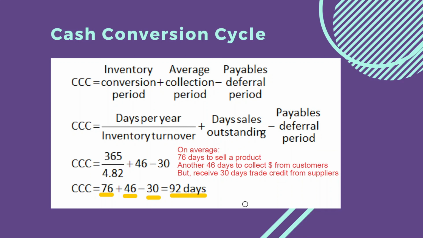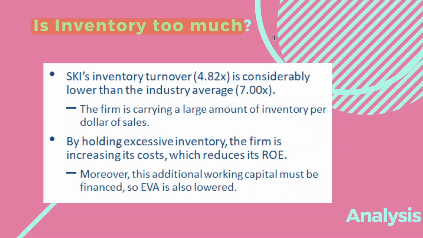So the company must have enough cash to operate during this 92-day period. There will be no cash coming in during this 92-day period. The examples in this lecture seem to show that the company is being inefficient in managing short-term operating assets. Do we invest too much in inventory?